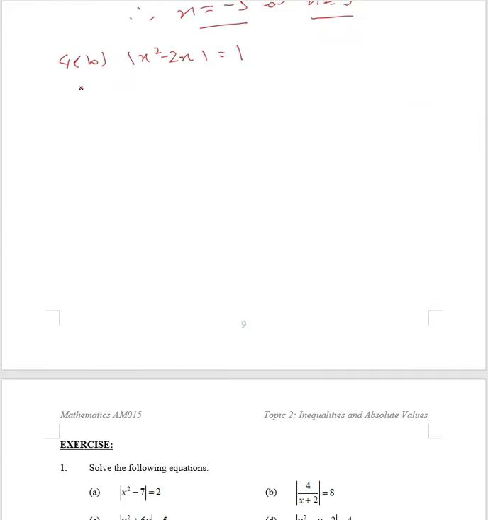Example 4b. Remember, the first step is to separate these equations. Copy everything exactly the same, and then write a negative value right in front of the right hand side expression, and then solve. This is a quadratic equation.